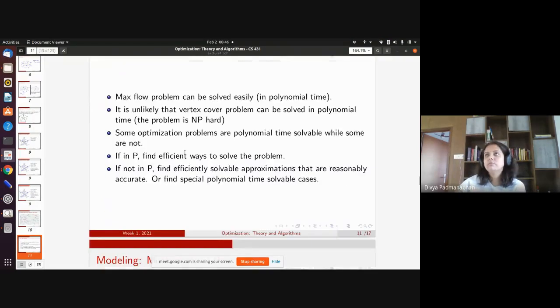So the idea is some problems are easy, some problems are hard, and by easy, you should take it as just meaning a polynomial time solvable problem. If that is the case, then you find efficient ways to solve it. But if not, then there's no point in trying to find an exact solution. So you try to find some approximations that do well.